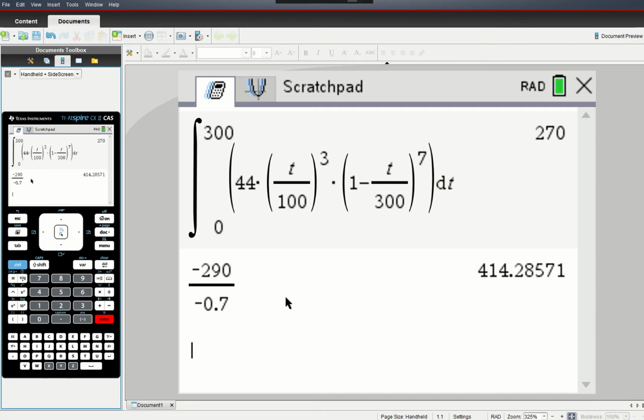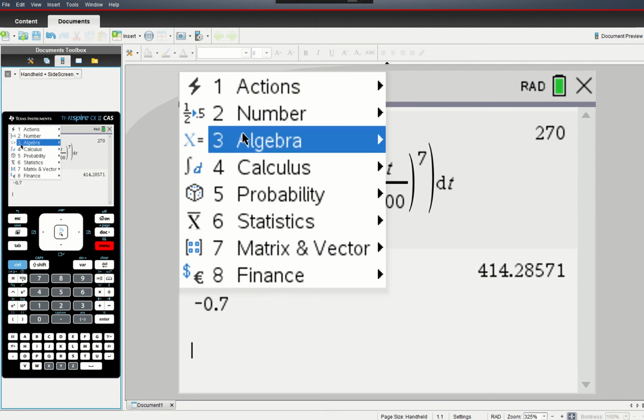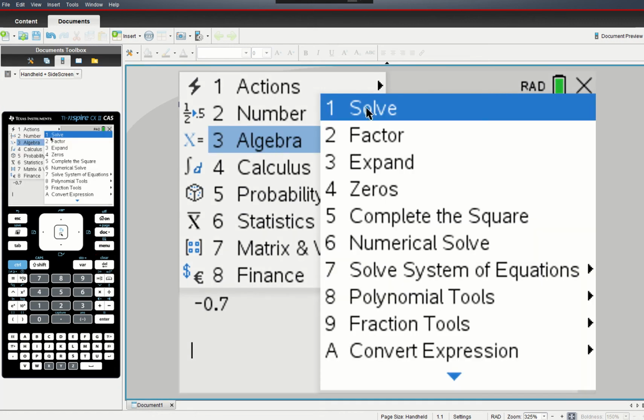So let's pull up our calculator now. I would have been smart to store this function in the calculator. I did not do that, so I'm going to have to go from the beginning, but we're going to go ahead and do algebra.